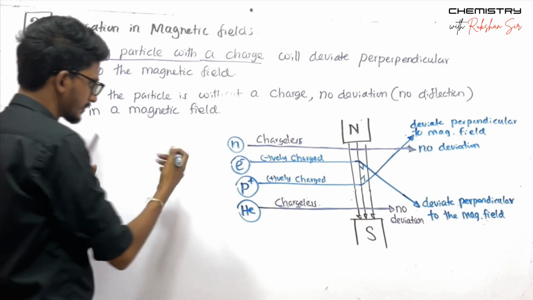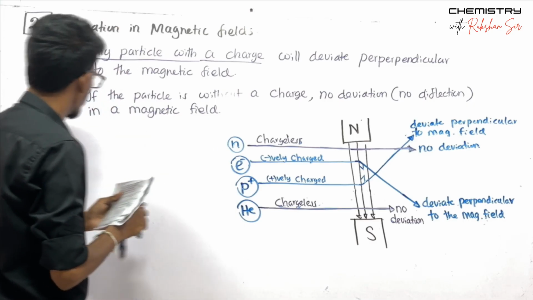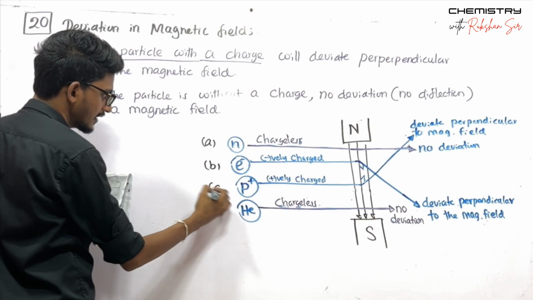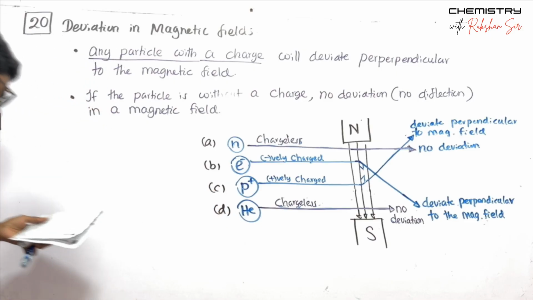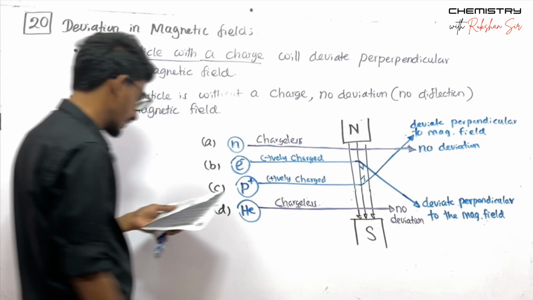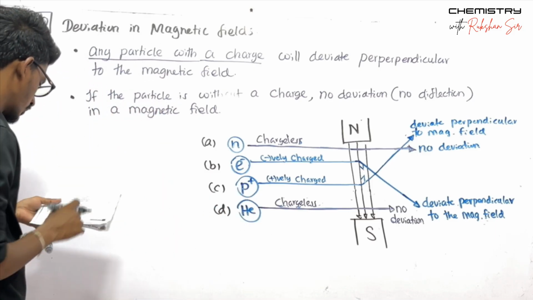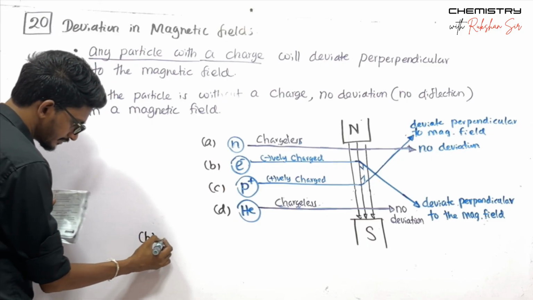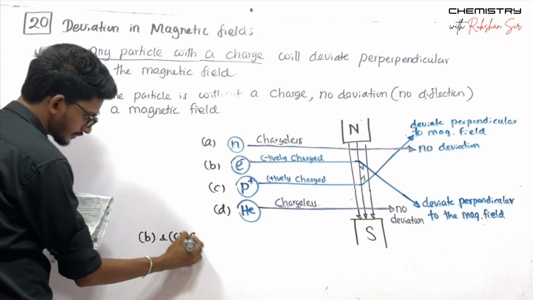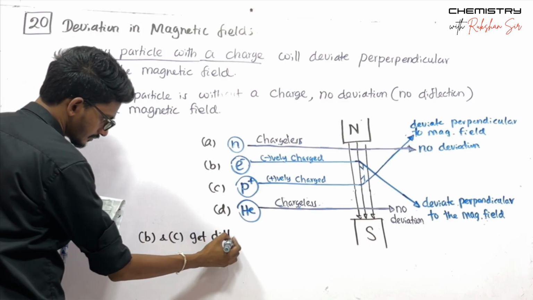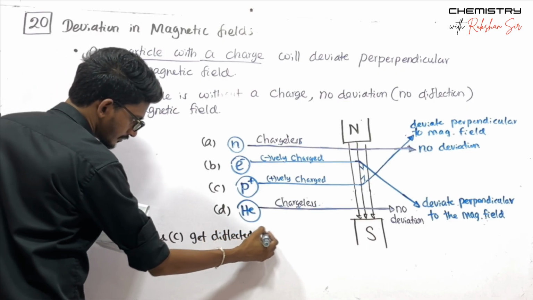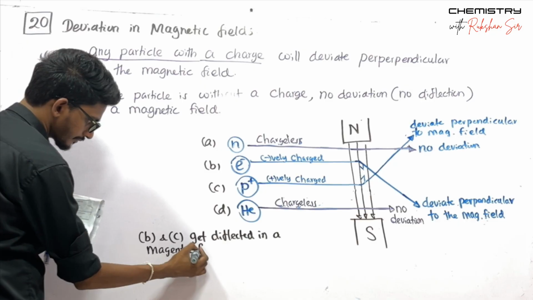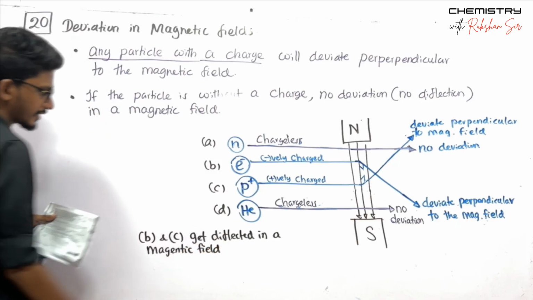So A won't deviate, B deviates, C deviates, and D won't. So we are looking for the particles which will get deflected, right? So B and C. So answer is this ABCD one.